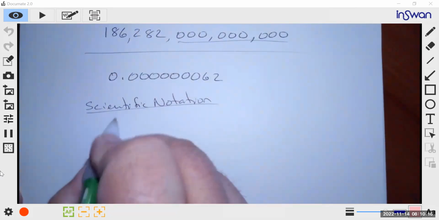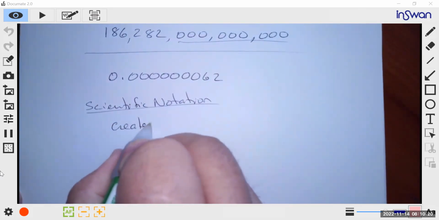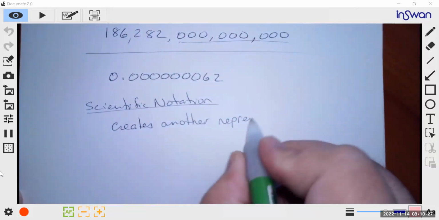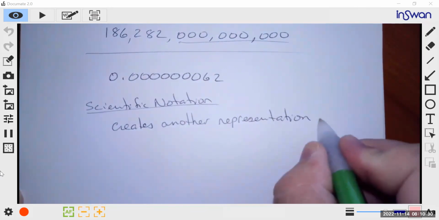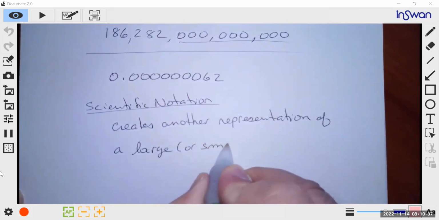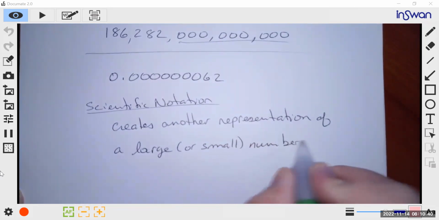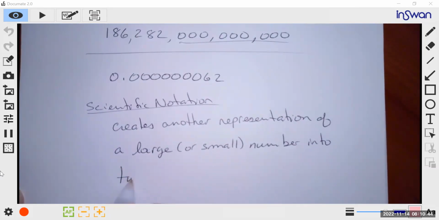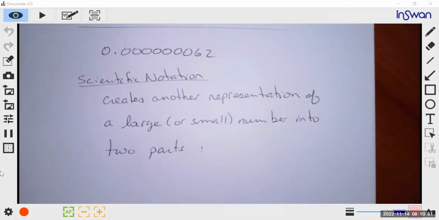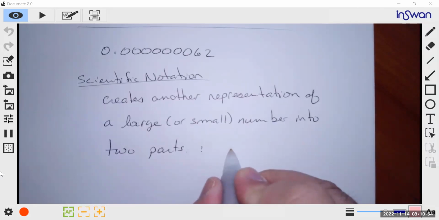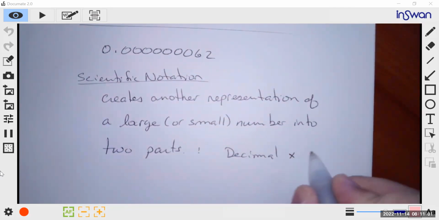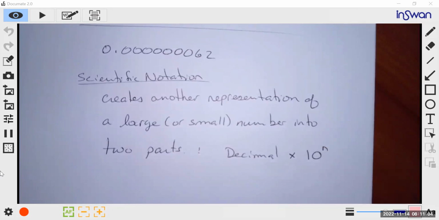Scientific notation creates another representation of a large or small number in two parts: the decimal part times an exponential part.